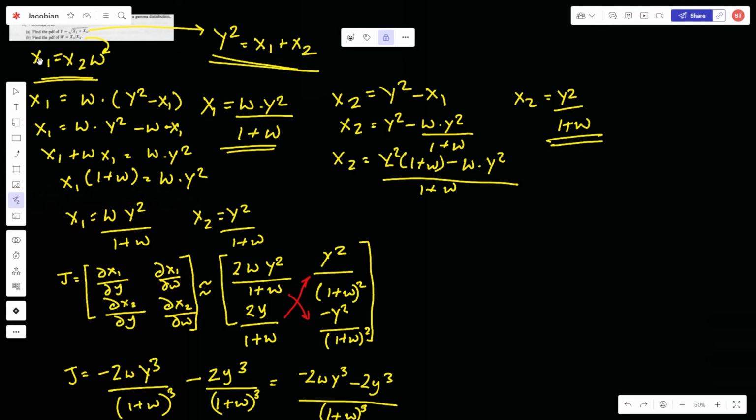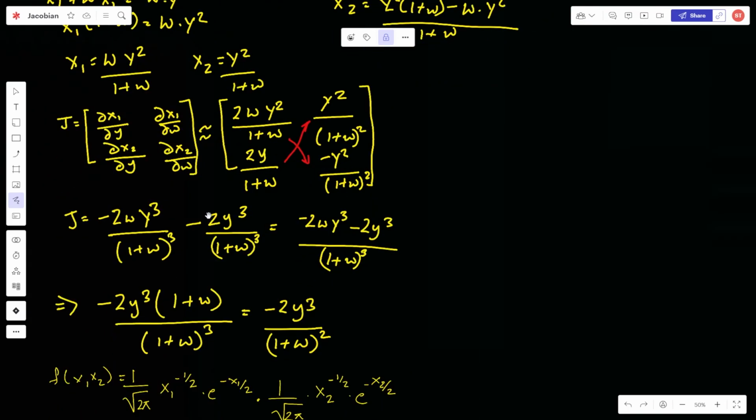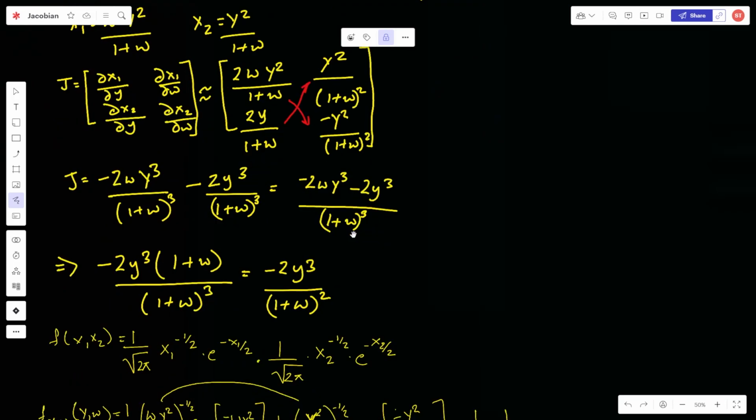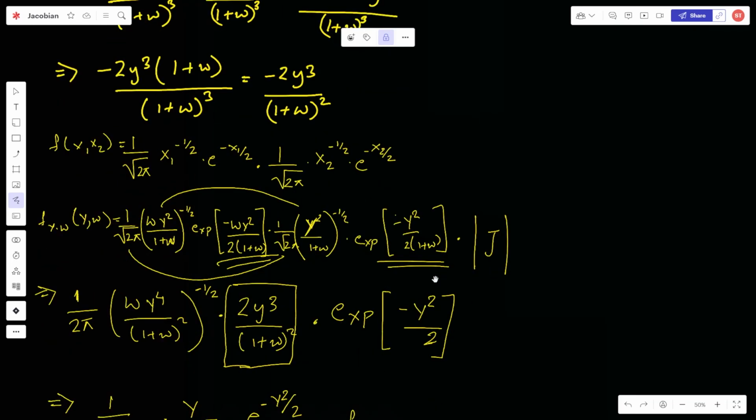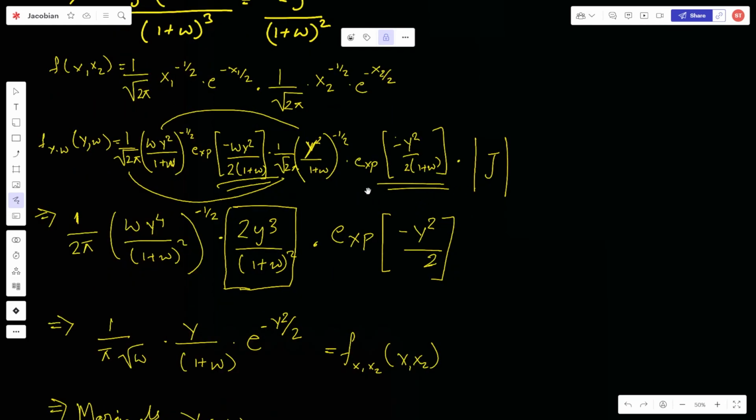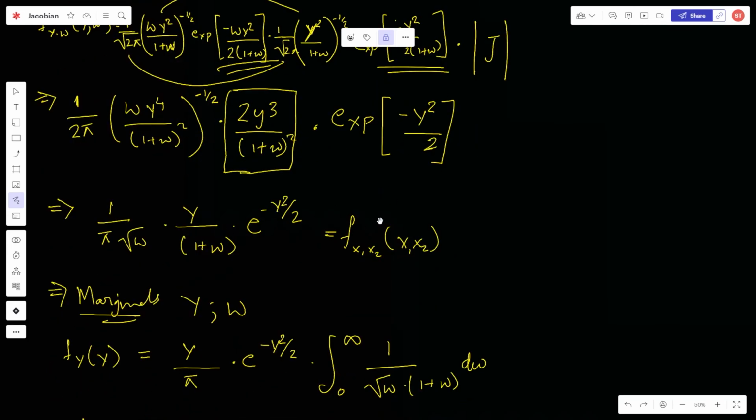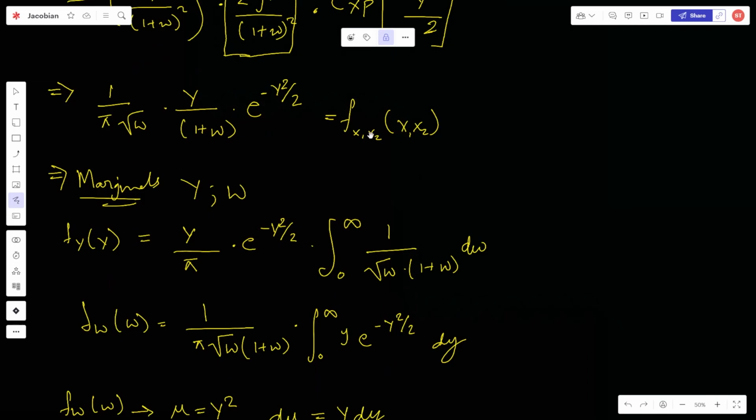What we did is we first found out what our x1 value and x2 value are in terms of y and w. Then we found our Jacobian values. Once we found our Jacobian value, we substitute it into our joint PDF, and we multiply it by the absolute value of Jacobian, and then we simplify it to find the PDF.